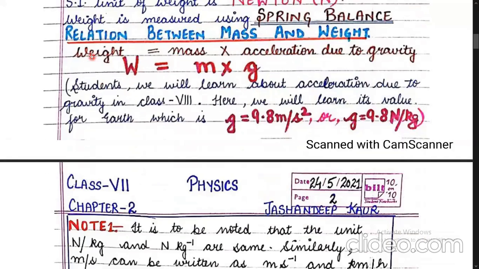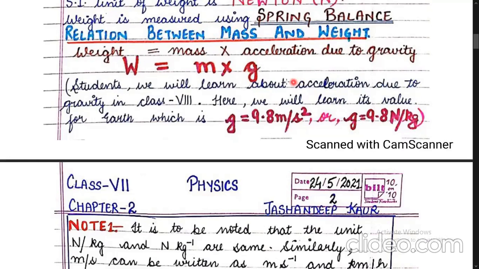Children, the formula of weight is mass multiplied by acceleration due to gravity, which is represented by symbol small g. Children, the word acceleration we will study in class 8th in a very detailed manner.